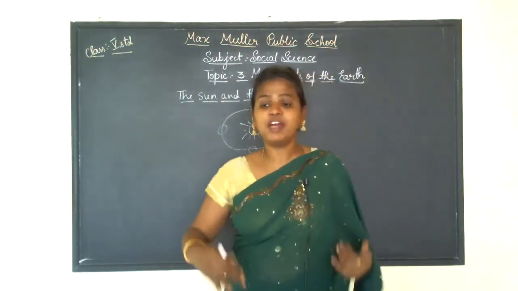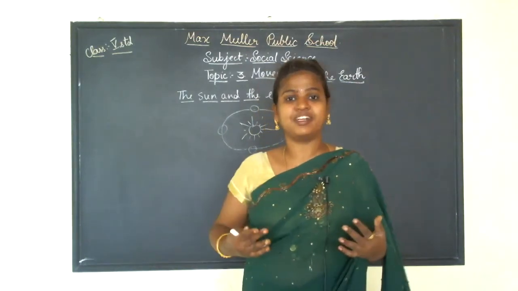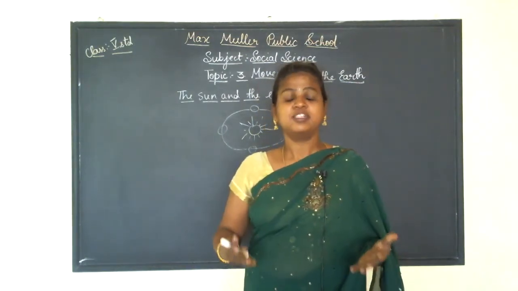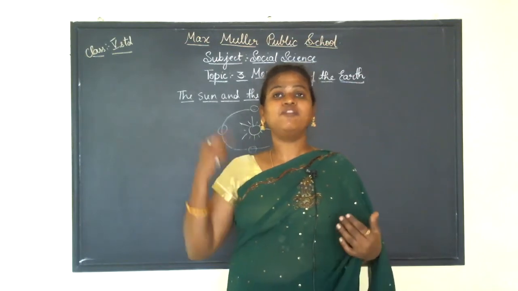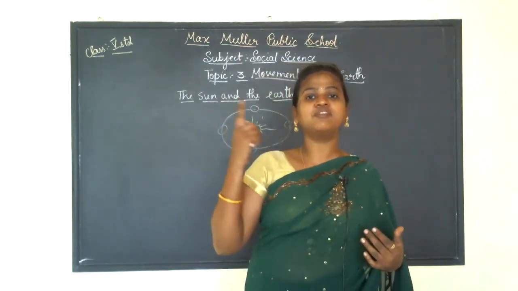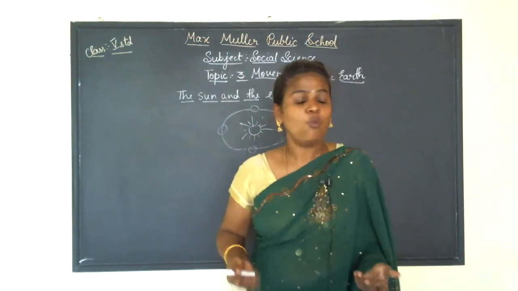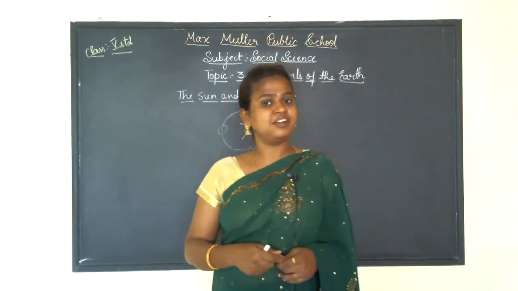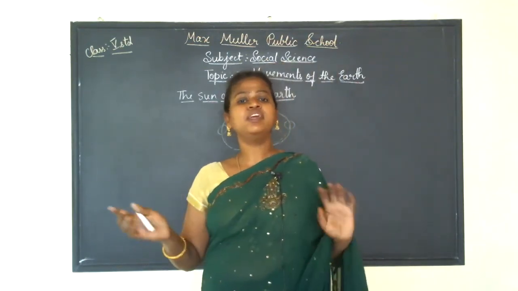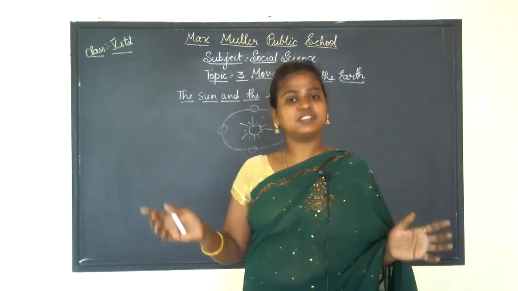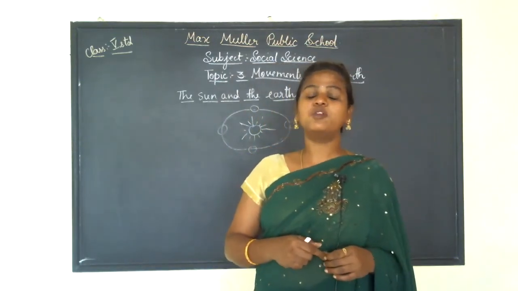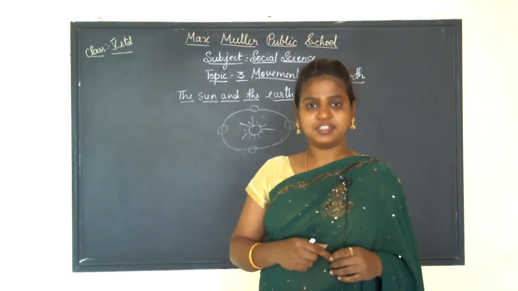When we move from one place to another, what happens? We feel that, yeah, we are moving. In the same way, when the earth is moving around the sun, we cannot feel. Why can't we feel? Because the earth is a very big planet. Because of its big size, we couldn't feel how the earth is moving around the sun.